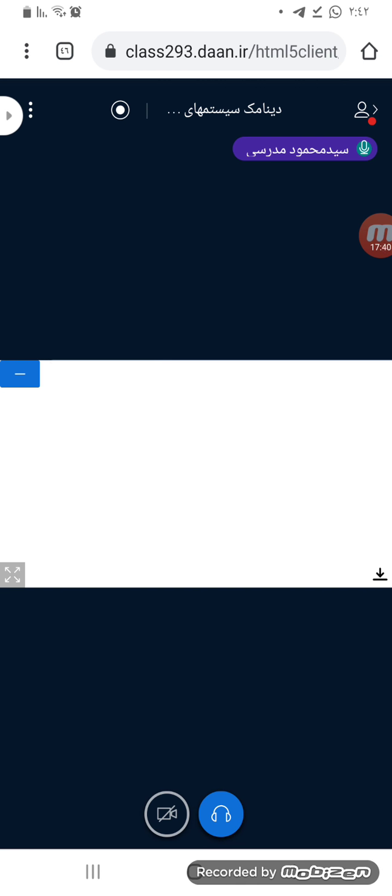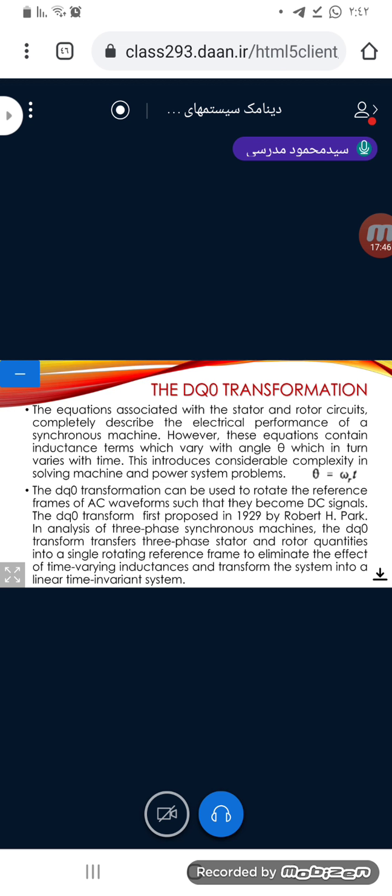The DQ0 transformation. The equations associated with the stator and rotor circuits completely describe the electrical performance of a synchronous machine.